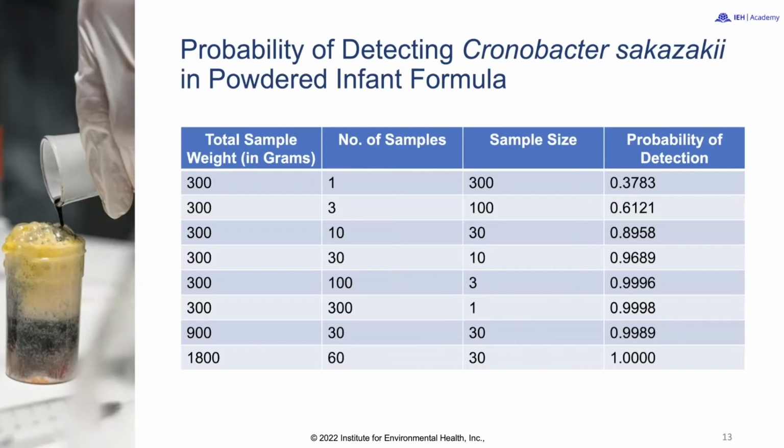And if I go all the way up even more to 1,800 grams, well, then I get to about 100%. So what this tells you is if you want to get the most bang for your buck, increase the number of samples, not the total weight of the samples in grams. So that's my part of the take-home lesson. I'm going to turn it over to Gene now.